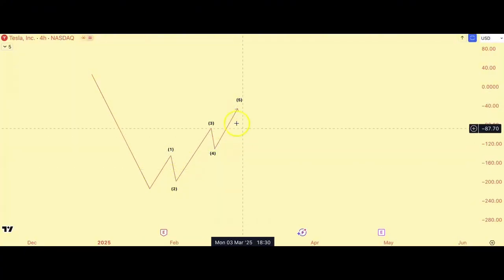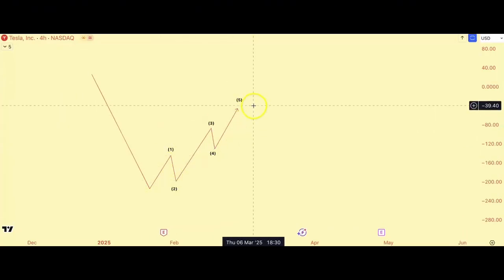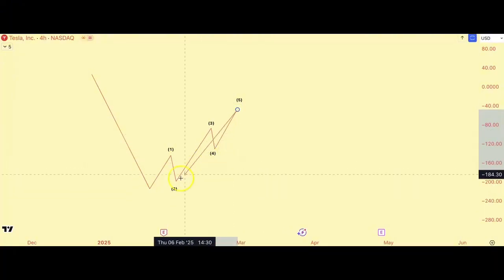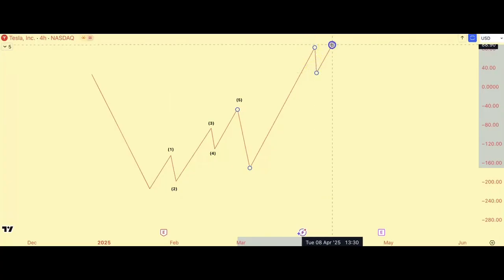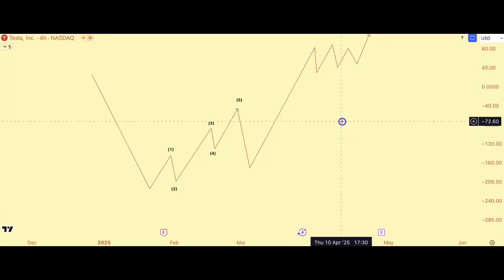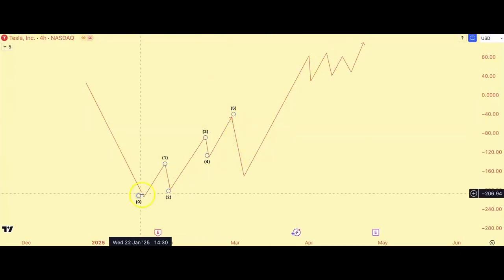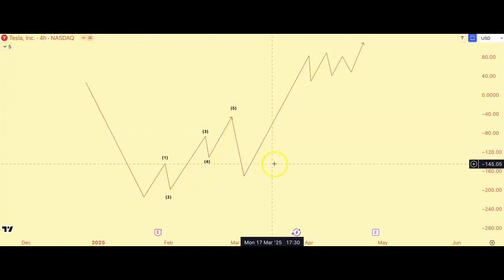The reason why you want 5 waves is because this is a very impulsive structure. This is a bullish structure, because now when we do correct, we have so much support coming down that most likely it's going to reverse and keep going up, and then eventually consolidate and keep going up higher and higher. So this is what we want to see right now for Tesla.